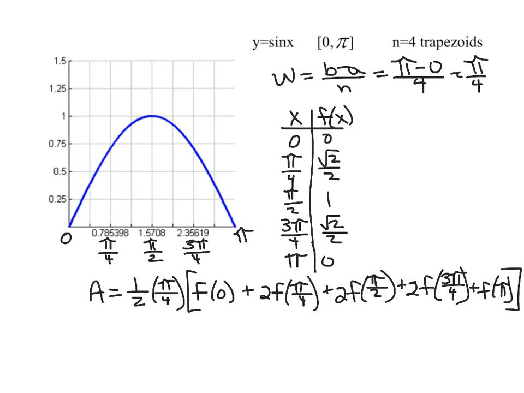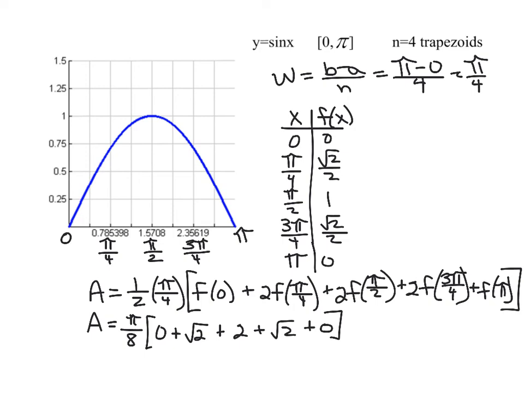Let's go ahead and fill those numbers in. So half of pi over 4 gives me pi over 8. Function value at 0 is 0. I'm going to multiply my pi over 4 function value by 2, so that's going to give me a radical 2, plus 2 times 1 is 2, plus 2 times radical 2 over 2, which is also radical 2, and then my last function value is 0.